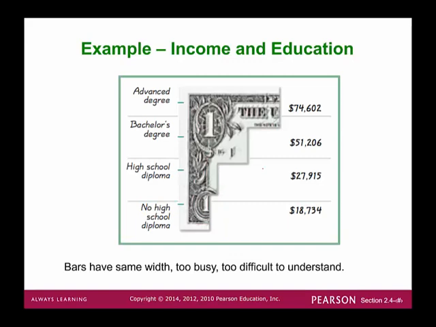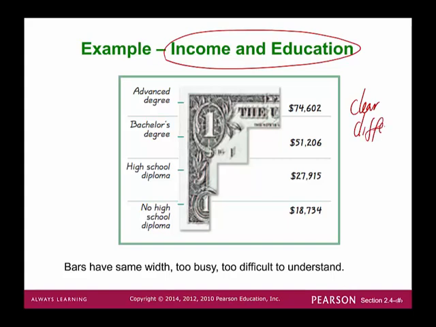Also, some graphs are not very clear in terms of achieving a goal. In this case, income and education, you can present it in this particular form, but this graph doesn't show a clear difference between all these education levels and the income level. You see the bars have the same width, and also it's too difficult to understand what the creator of the graph really tried to demonstrate.